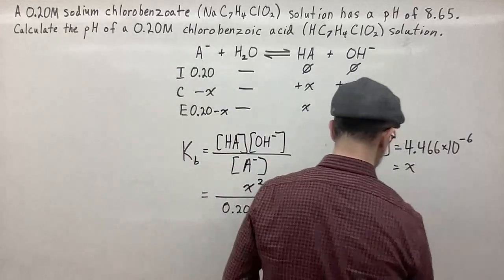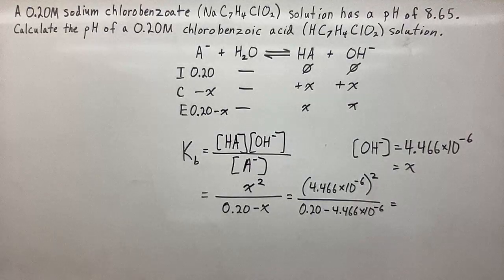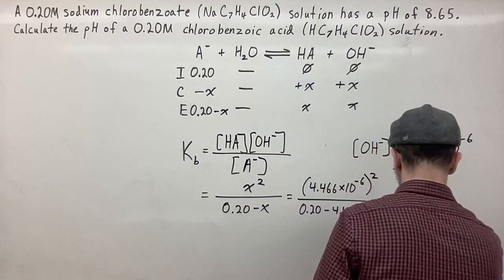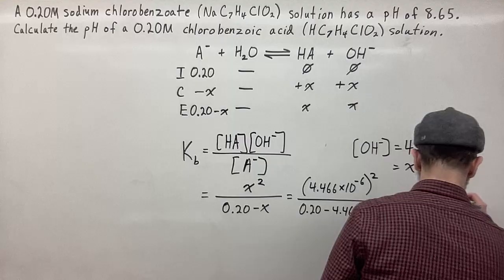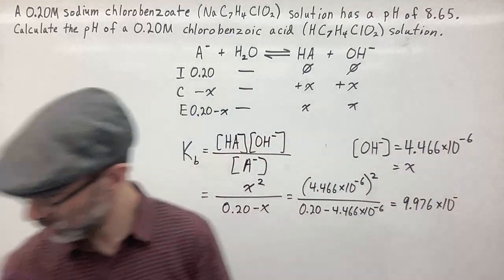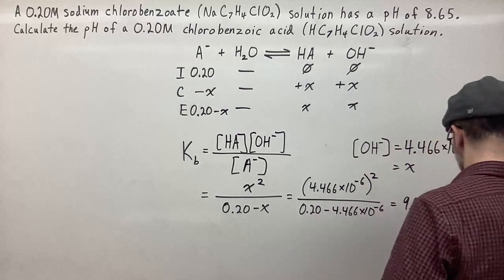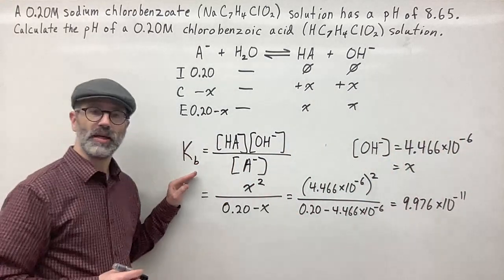And then when we solve that, we get 9.976 times 10 to the negative 11. Okay, so now we have our Kb.